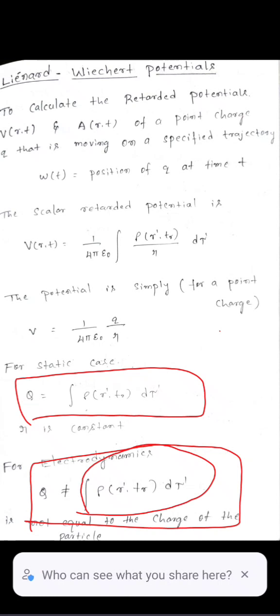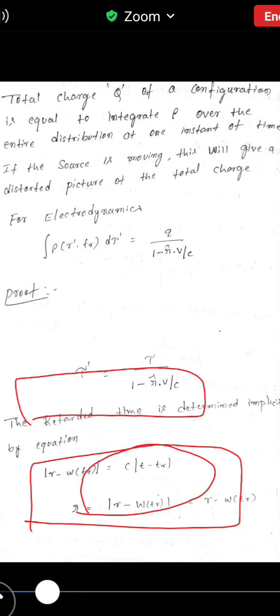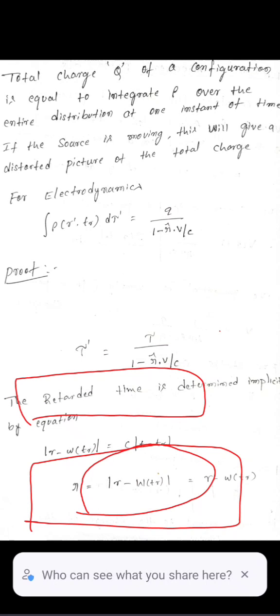For a single charge, this problem is eliminated. For a charge density, there is a problem. So we have a correction to the charges.